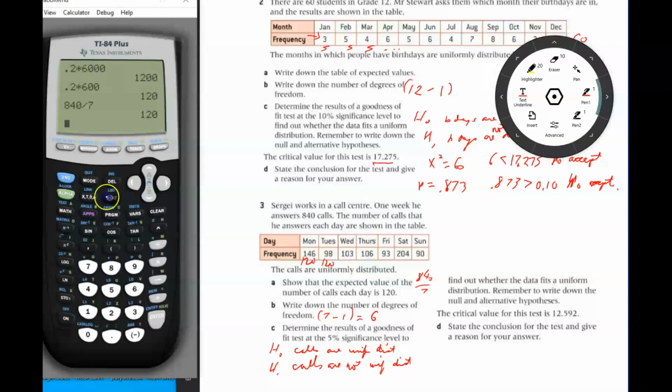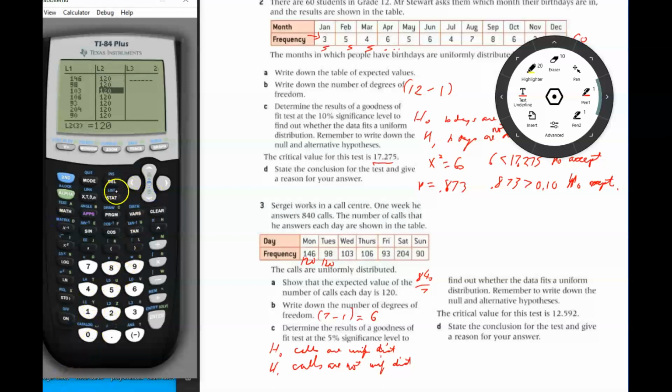So again, we're going to go into stat, edit L1, and we're going to put in the observed data, and then we're going to put in the uniformly distributed data. So we're going to put 146, 198, etc. in the first column, and in the second column we're just going to put a bunch of 120s, and I'm going to do that offline so that I don't bore you.